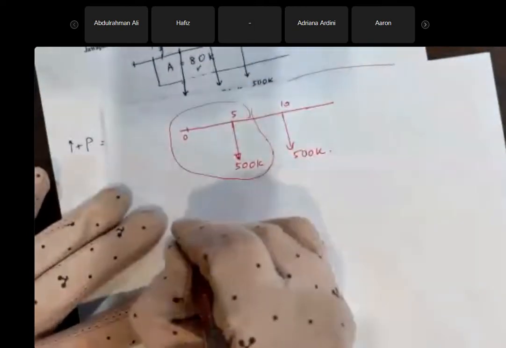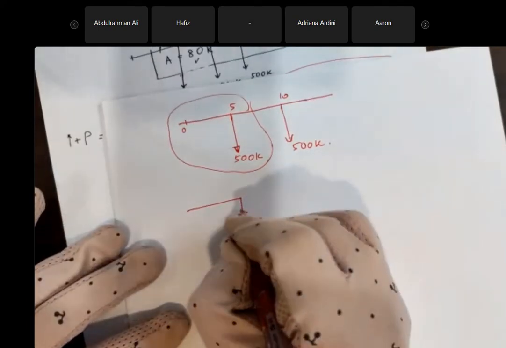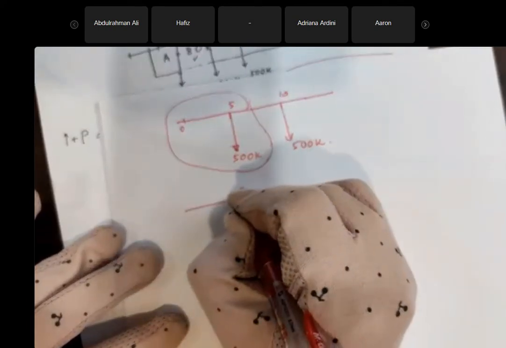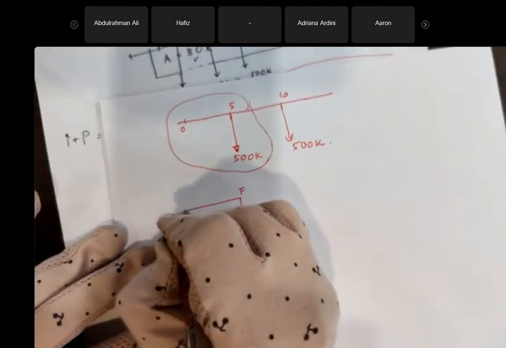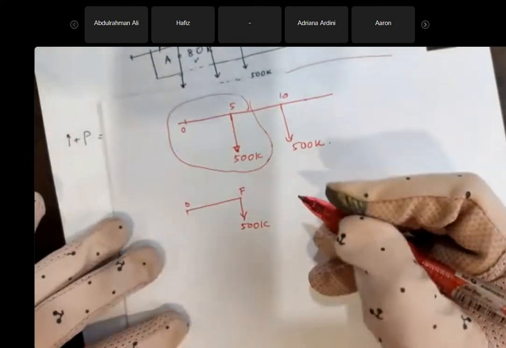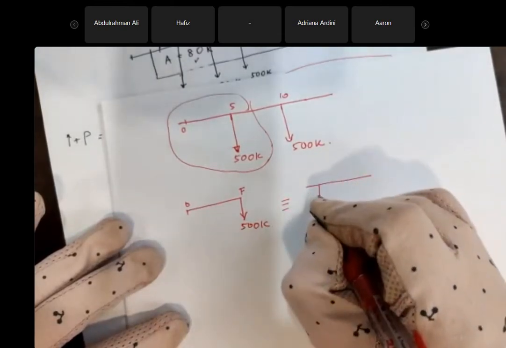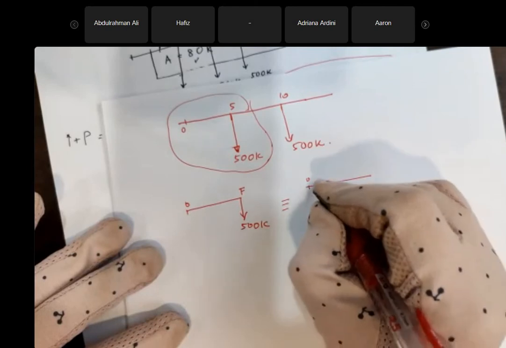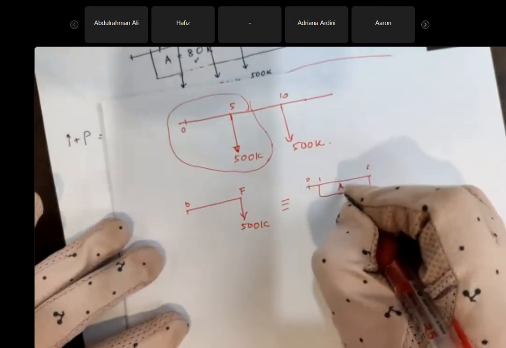It become F, the 500K become F, right? So you want to make it equivalent with yang ni, A ni. From 1 until 5 ni, you want to make it as A. So what is the A?